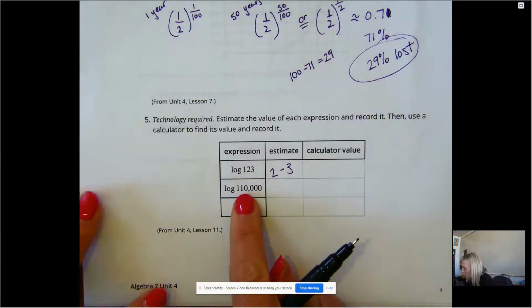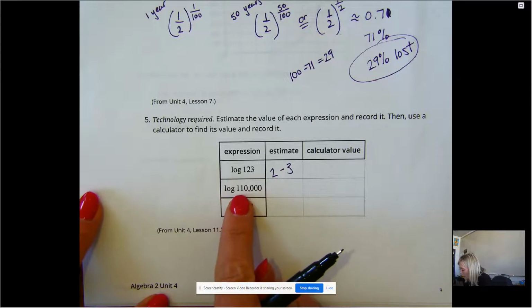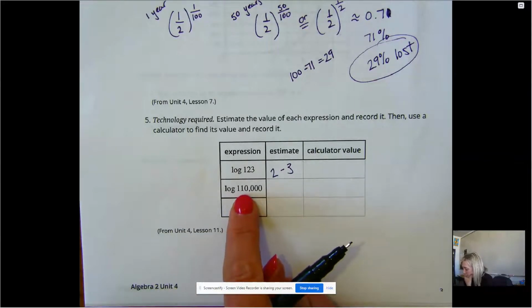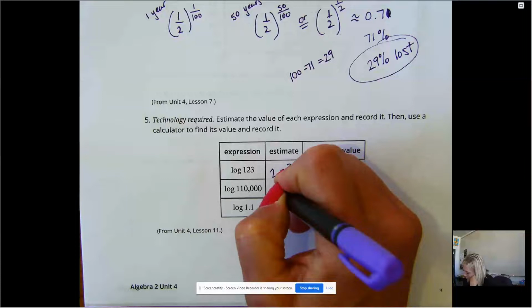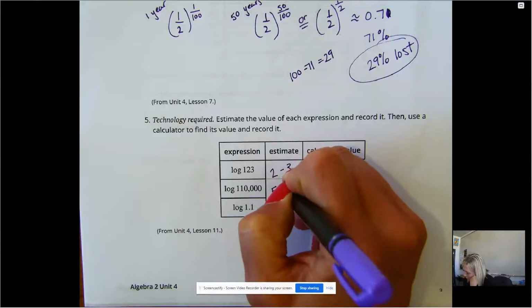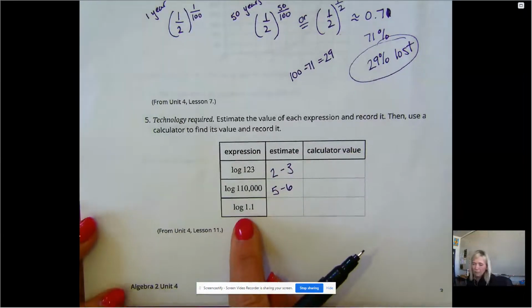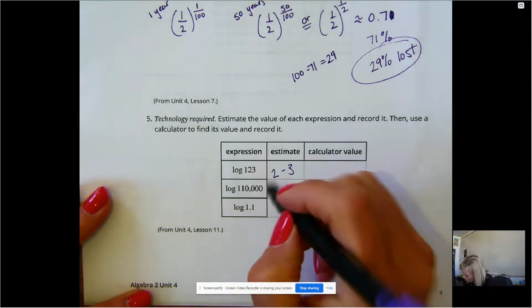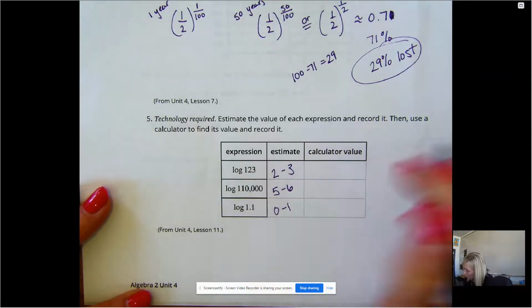And then this would be base 10. If this was just 100,000, it would be 5, but it's a little more than 100,000, so it's going to be between 5 and 6. And for the last one, also base 10, 10 to the 0 would be 1, but then 10 to the first would be 10. So it would be between 0 and 1.